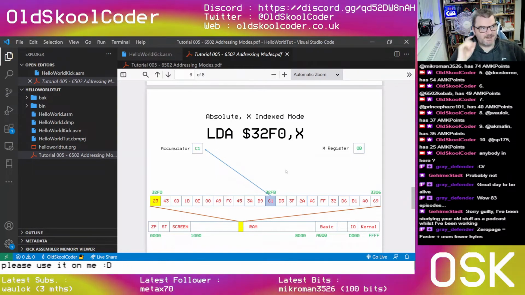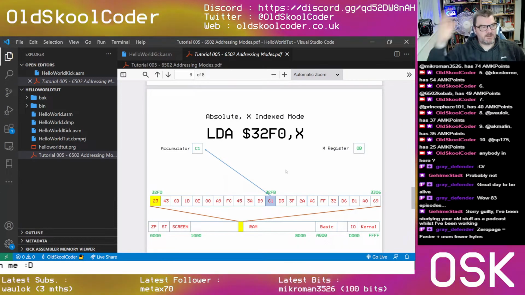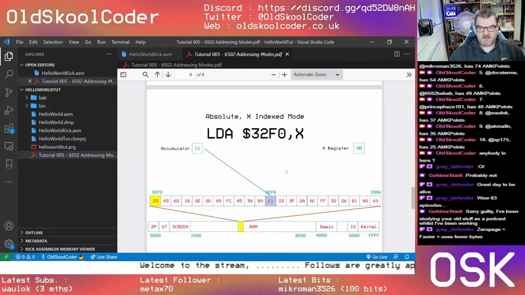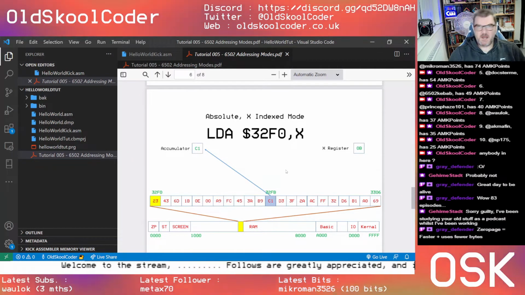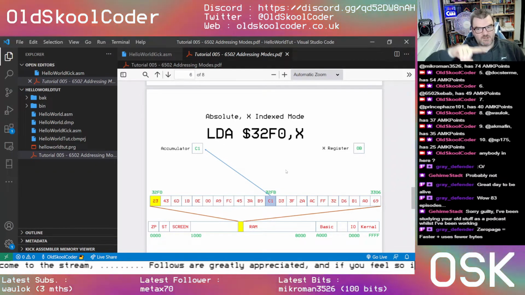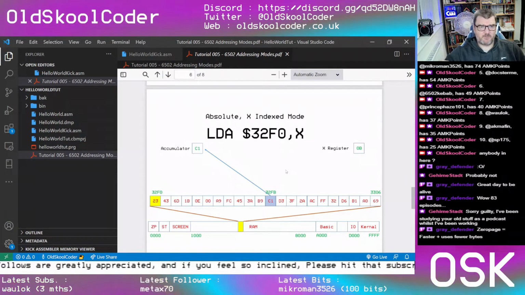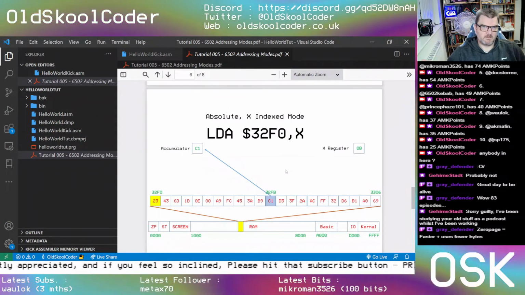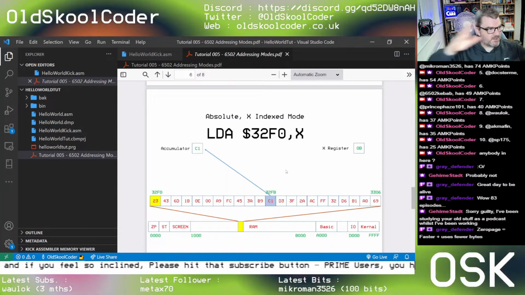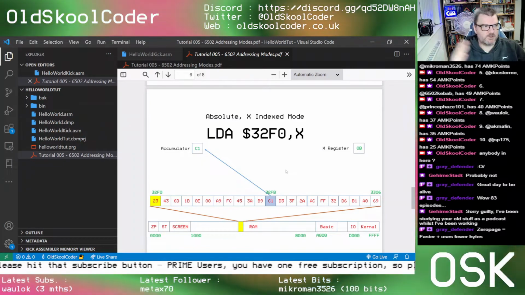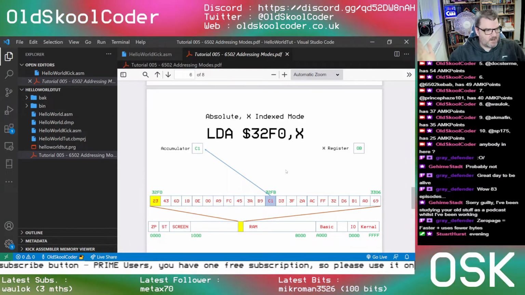With absolute, it doesn't. It looks in the next page. So if I put X at F0, it would actually do 32F0 plus F0, which is 33E0, and would load from that memory location. But you can only offset it as far as 255. You can't offset it by any more.